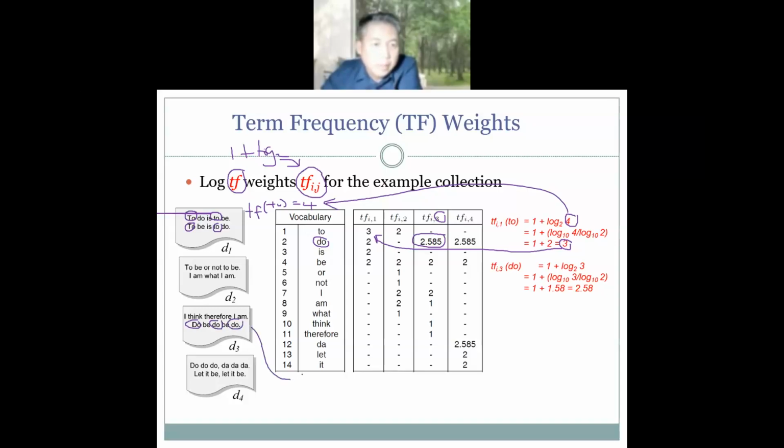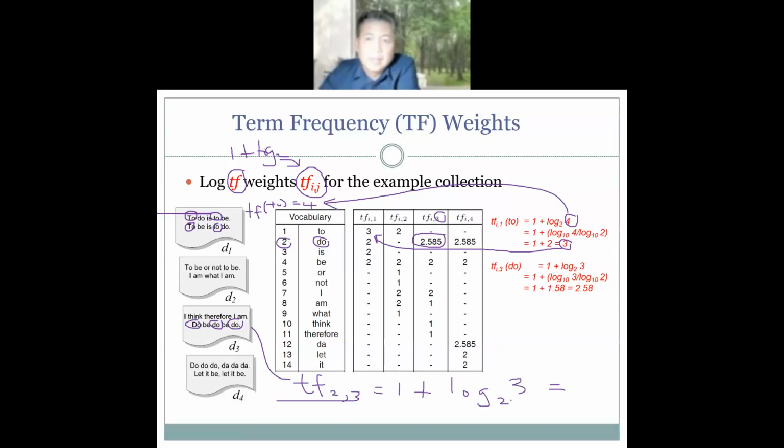So to compute the term frequency for do in document 3, basically we have 1 plus log 2 of 3. Sorry, it's long, 3.